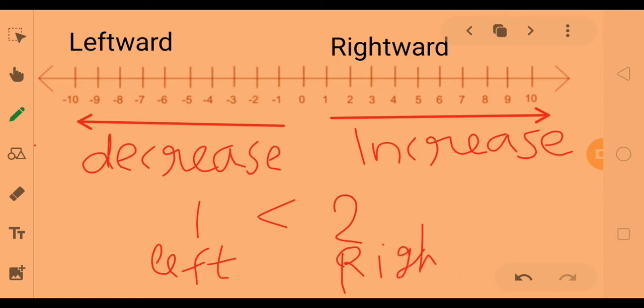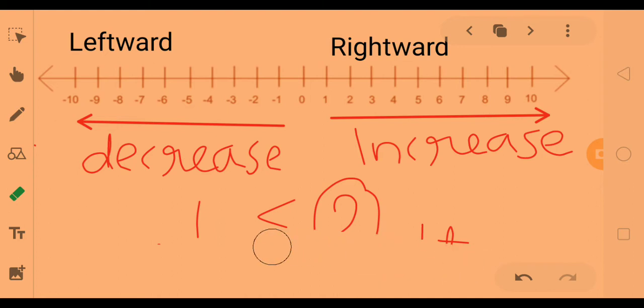So when we compare two integers, we have to see which integer is at the right; that particular integer is greater. These are two positive integers, but we can apply this to any integer.